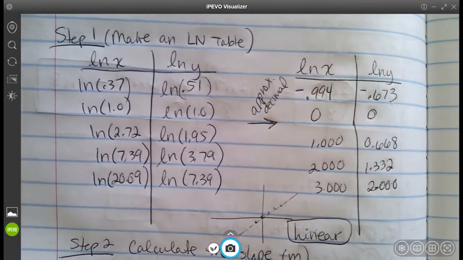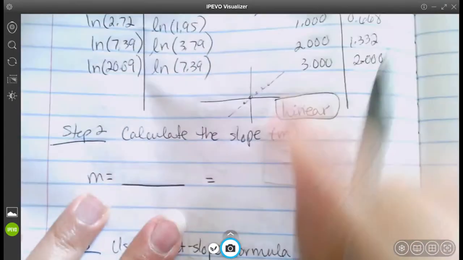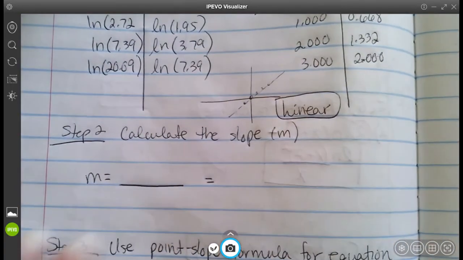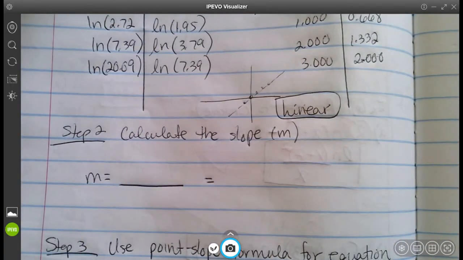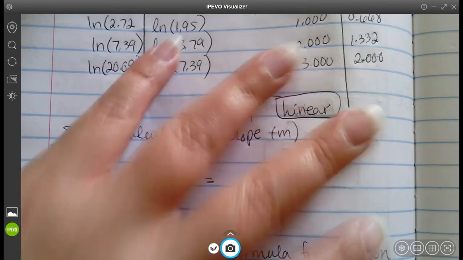Okay, so step 2, and this one is to calculate, based off that linear model, the slope. So for slope, we want to pick two numbers that are not too difficult to calculate, and we want to subtract the y's, put those on the top, subtract the x's, and put those on the bottom. So I'm going to use the easy ones because why not?